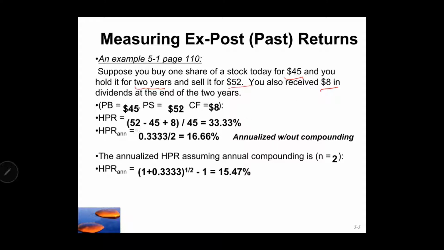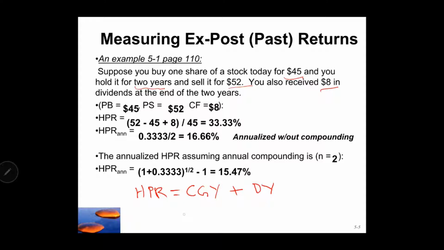So using this data, we can simply compute like this: 52 minus 45 plus 8 divided by 45. So holding period return can be segregated as capital gain yield plus dividend yield.